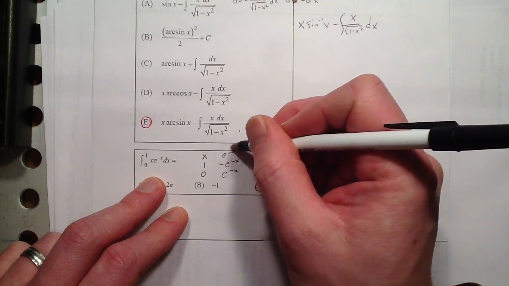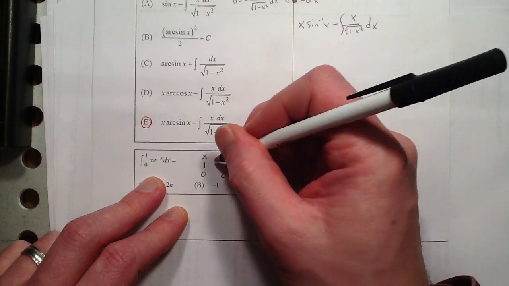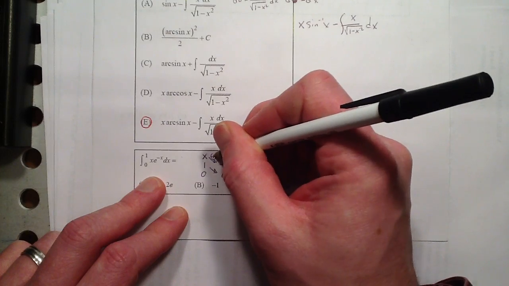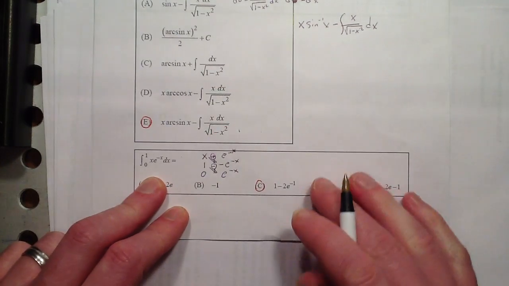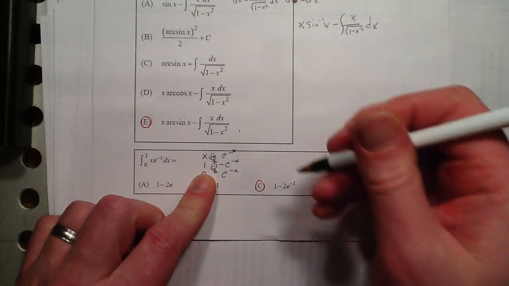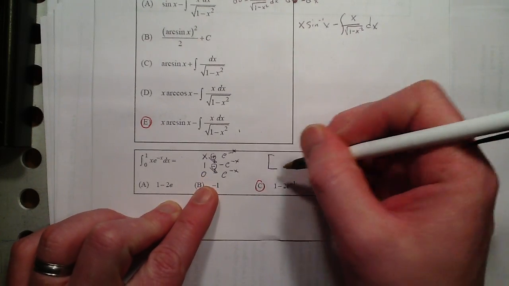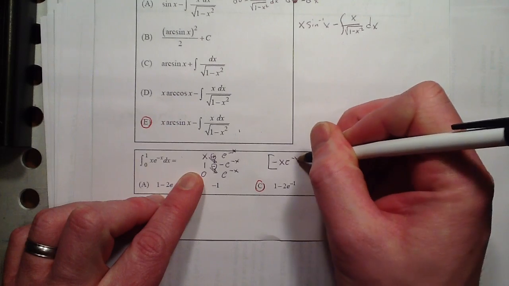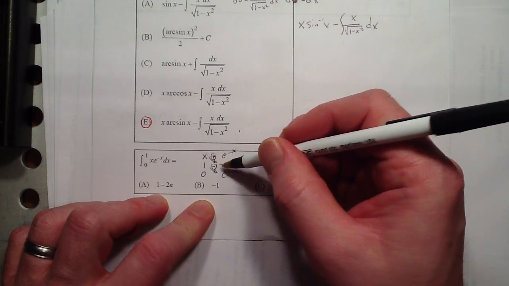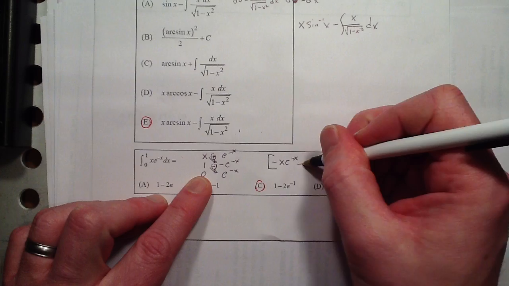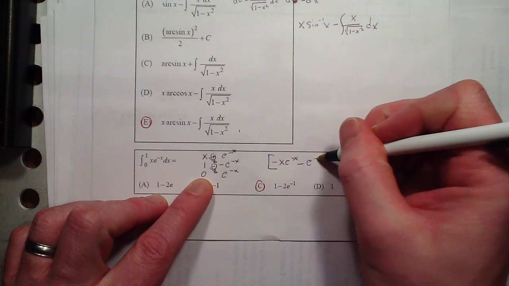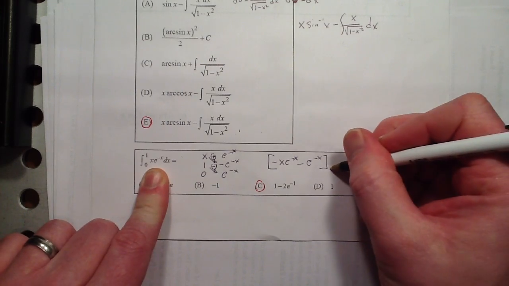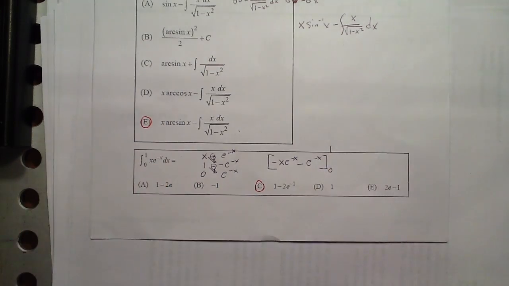They change signs because of the negative in here, and we do our little tic-tac-toe game with those. So my antiderivative is negative x e to the negative x, that's this one, minus e to the negative x. That's the antiderivative of this. And we want to go from 0 to 1.